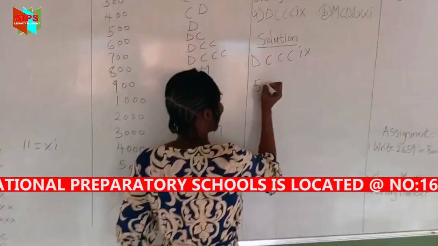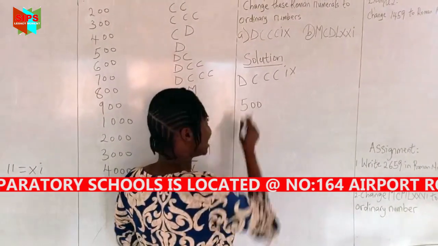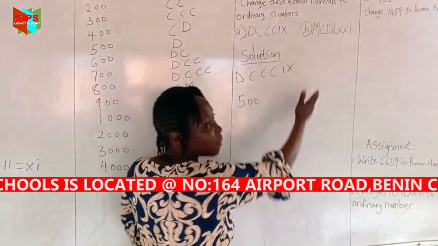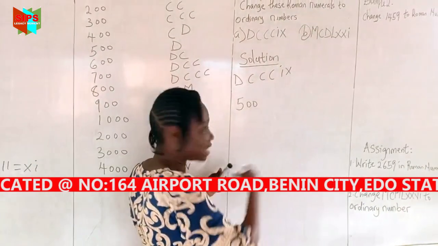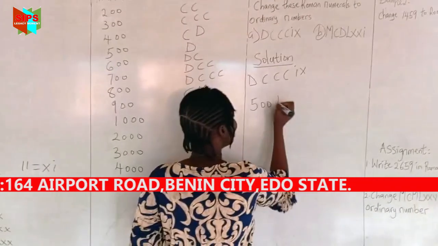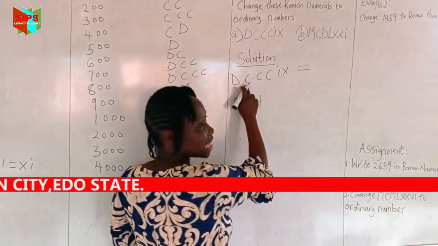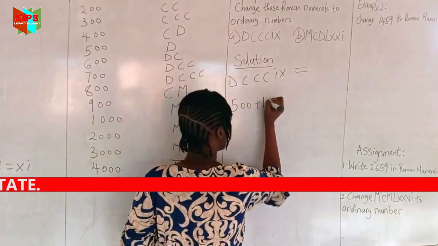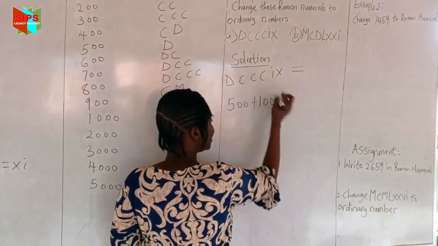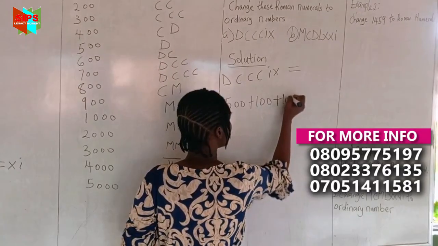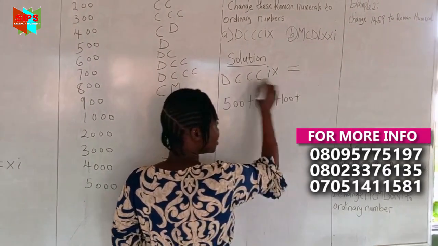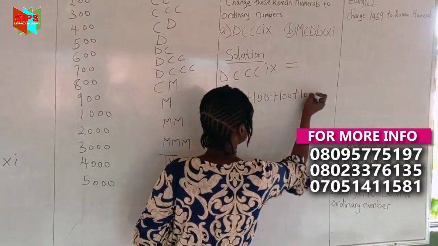Let's write it. You write 500. I told you that when it is moving to the right, it is addition. So plus, what do we have next? This is 100. You write your 100. This C, another 100. Plus this C, another 100.